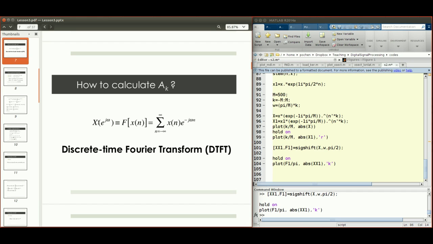So what exactly is big X of e to the minus j omega? It means you are reversing the horizontal axis of big X. So big X of e to the minus j omega is a folded version of big X of e to the j omega.